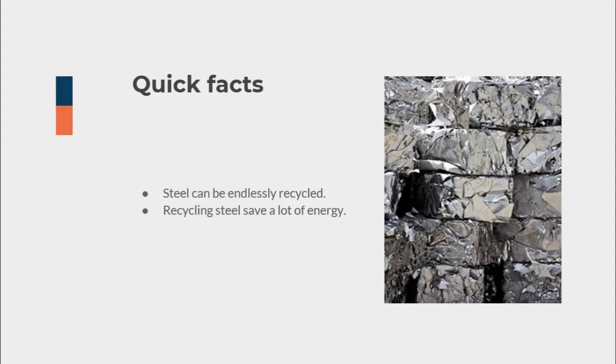That is enough to power about 18 million homes. When you throw away an aluminium can, you are wasting the equivalent amount of energy of filling up that same can with gasoline and pouring it on the ground.